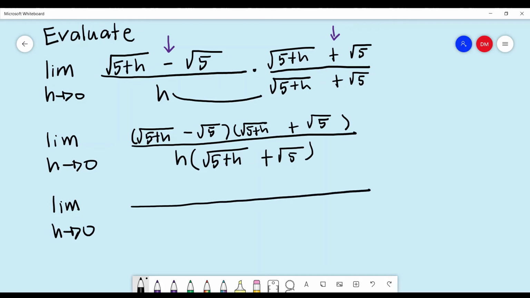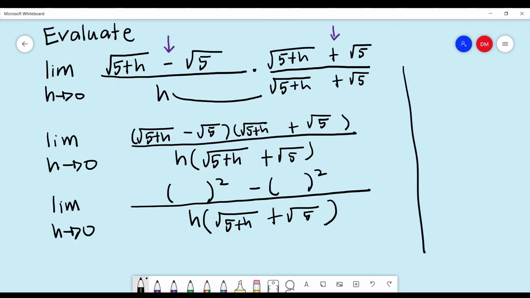So going to the next step, now we will copy the denominator. We will just rewrite the denominator. And in the numerator, we are going to write like this. Remember that we have the product of a plus b, a minus b, which is equal to a squared minus b squared.